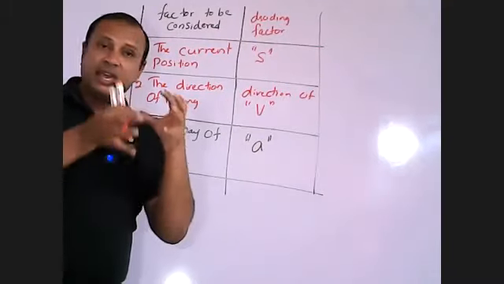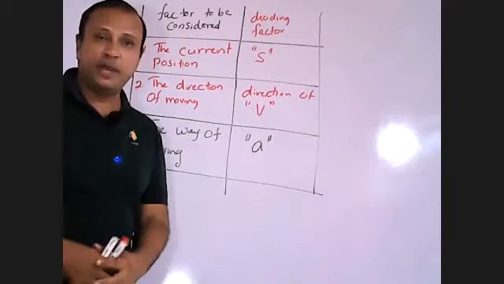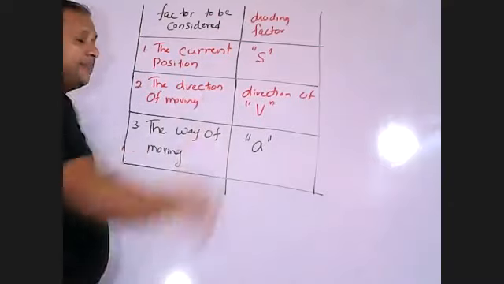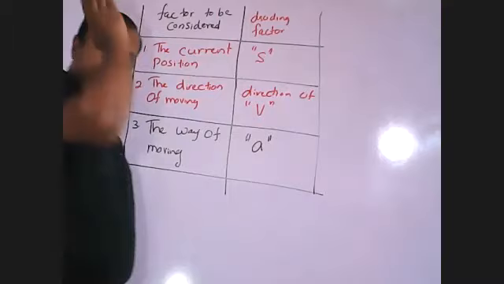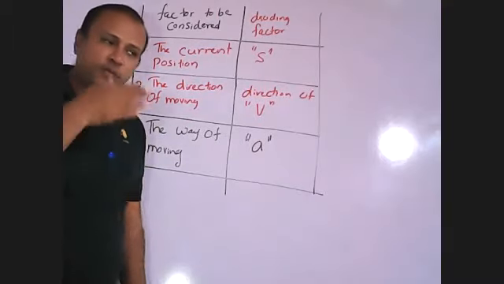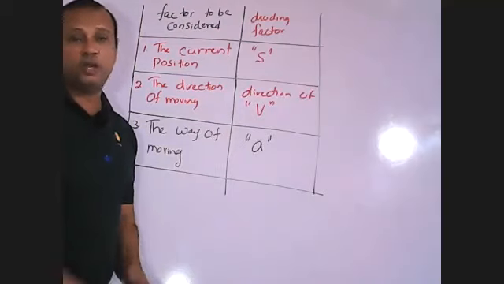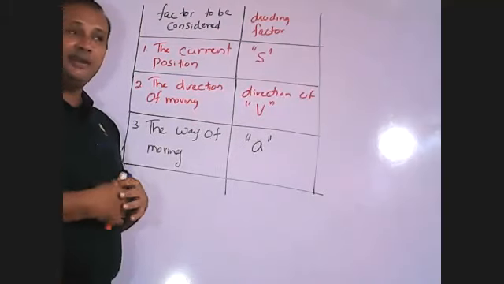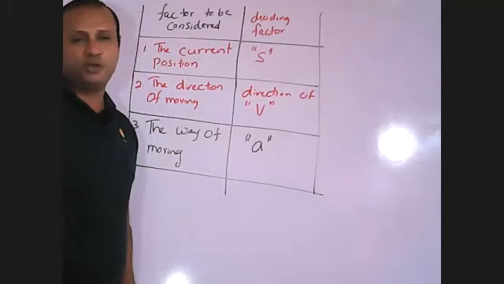If it has a negative displacement, it is on the negative side. If an object is moving in the positive direction, it has positive velocity; or if it has a positive velocity, we can say it is moving in the positive direction.